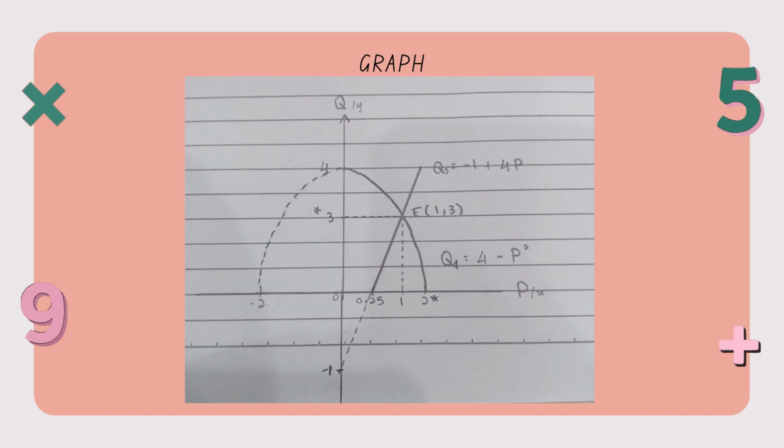Next, for the quadratic function with a positive discriminant, there will be three intercepts, which are 4 for the y-axis, and -2 and 2 for the x-axis. After drawing these two graphs, we can identify the market equilibrium, which is 3 for quantity and RM1 for price.